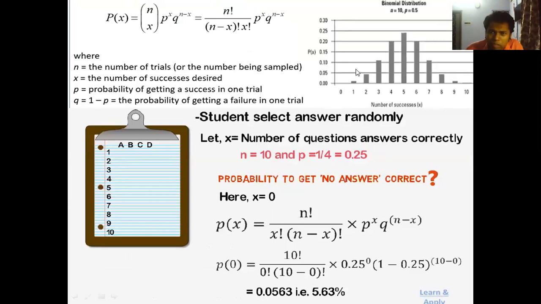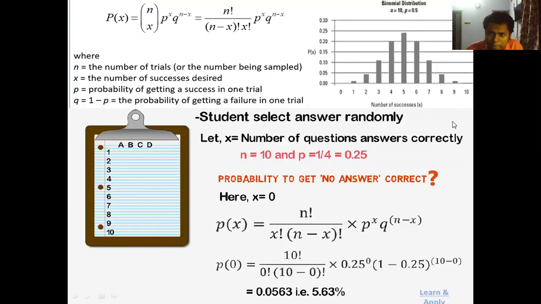Obviously the probability of each outcome for a particular value will be high. But if instead of 10, n is equal to hundreds, then obviously the height of these bars will be less.